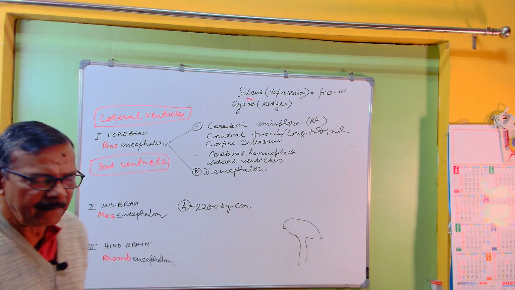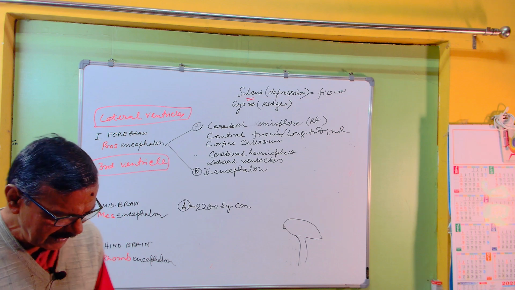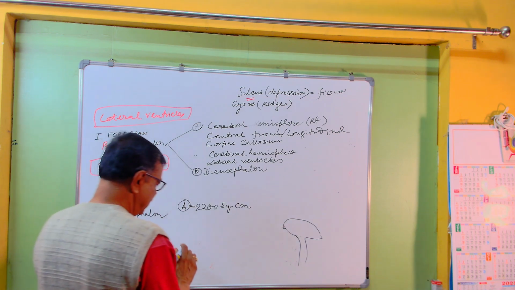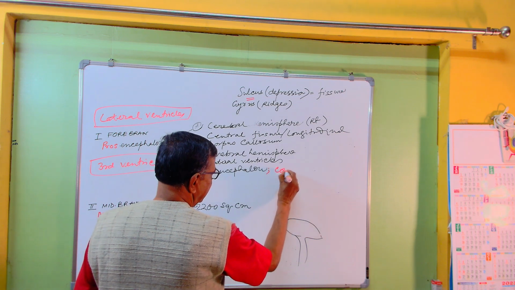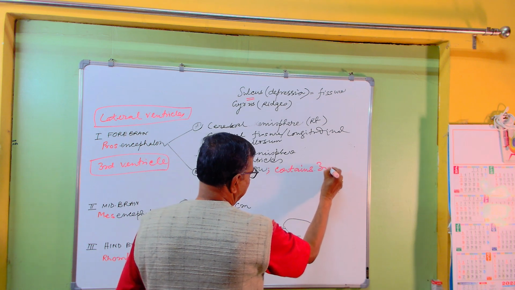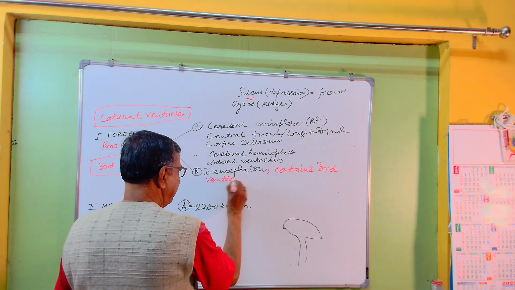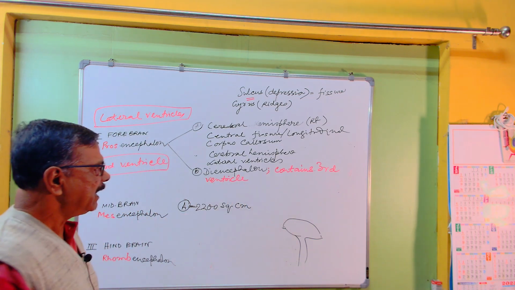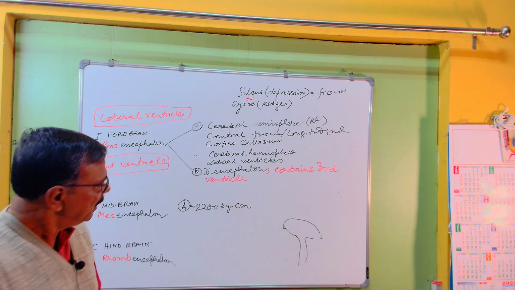Cerebral hemisphere cut. And what is left? This is the diencephalon. So the diencephalon contains the third ventricle.